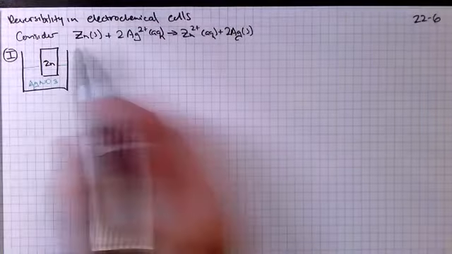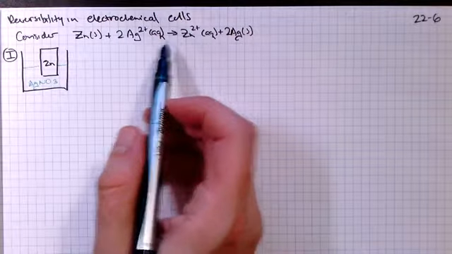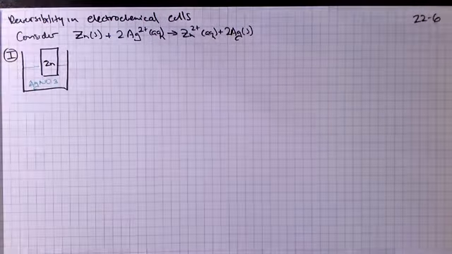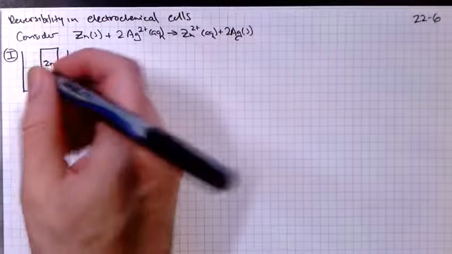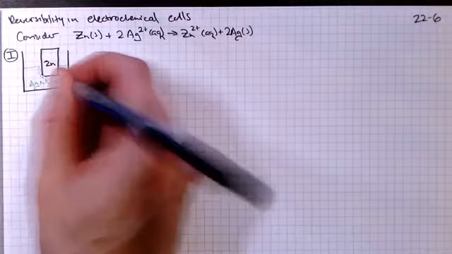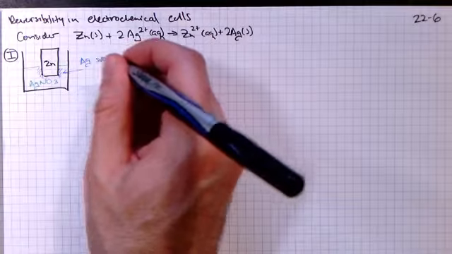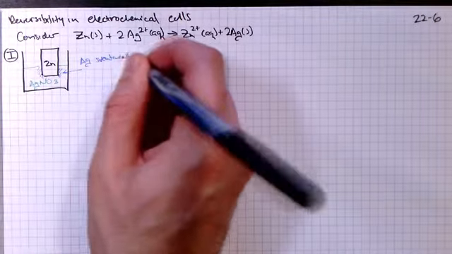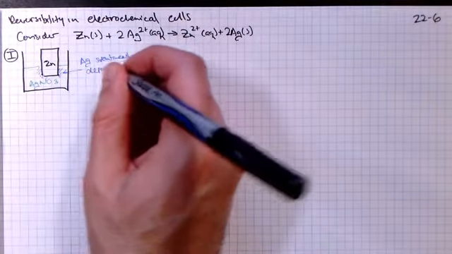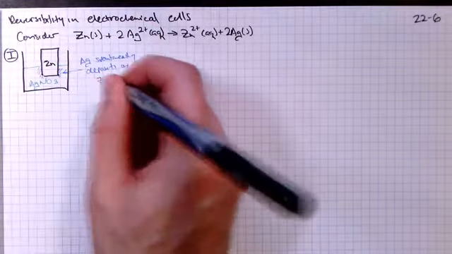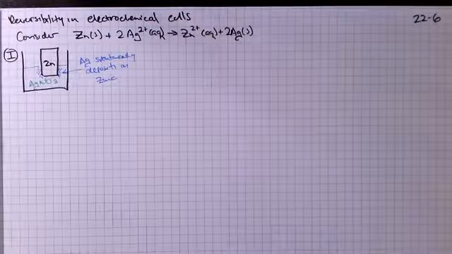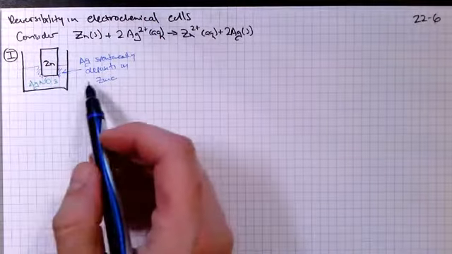Well, this reaction will start to proceed spontaneously, and the silver will deposit out on the surface of the zinc. So silver spontaneously deposits on zinc. Okay. And a bunch of zinc 2 plus ions are formed.